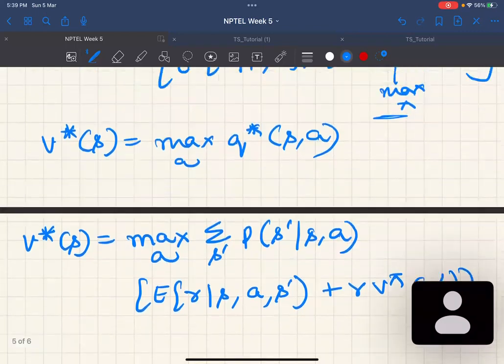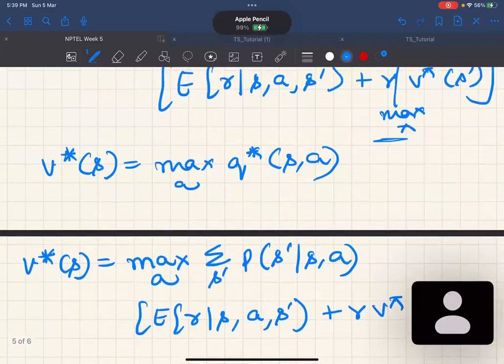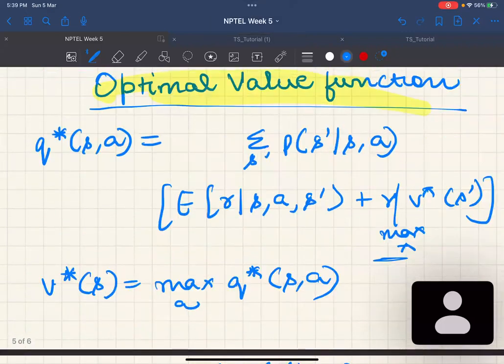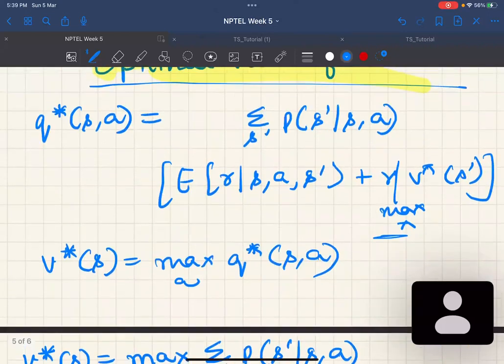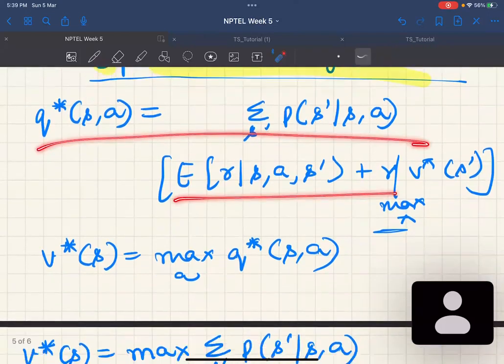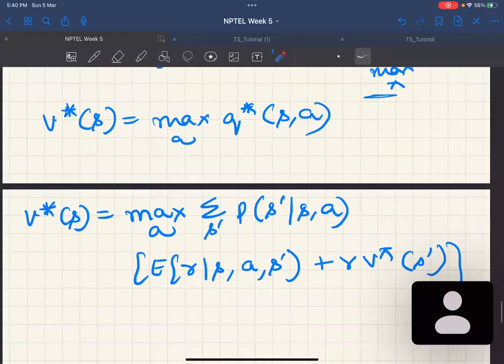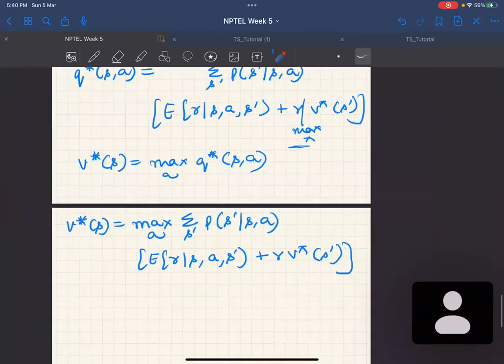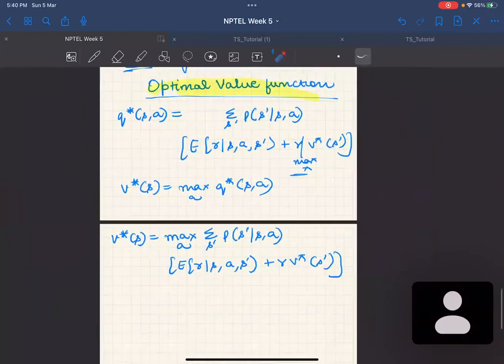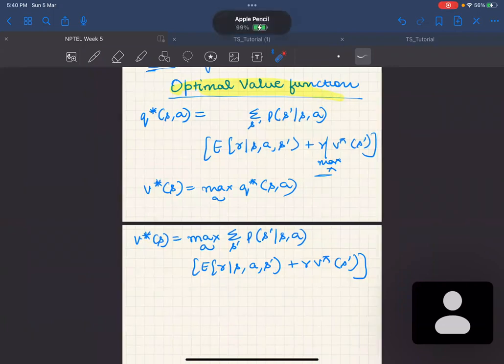So what is the difference between this equation and this equation? Let me keep it in the same frame. In Q star and V star here, what is the difference? Come on. Same thing which I told you.